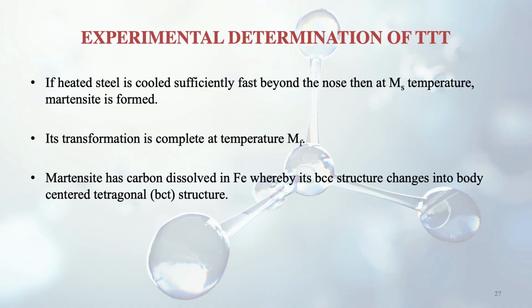Martensite has carbon dissolved in iron, whereby its BCC structure changes into a body centered tetragonal structure. So what happens here? First of all, there is the BCC structure, body centered cubic, where this carbon atom is in the center of the cube.